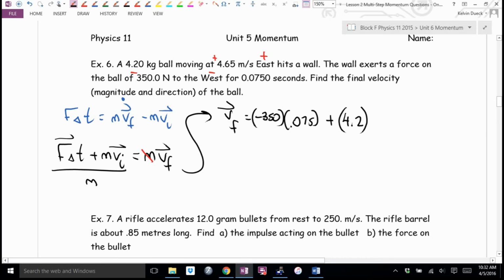And make sure you get the sign correct. It's in there in the question. Positive. Yep. See, it all comes together? Divided by m. What's the mass again?